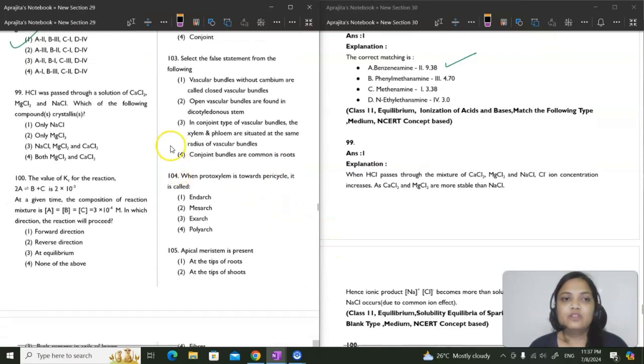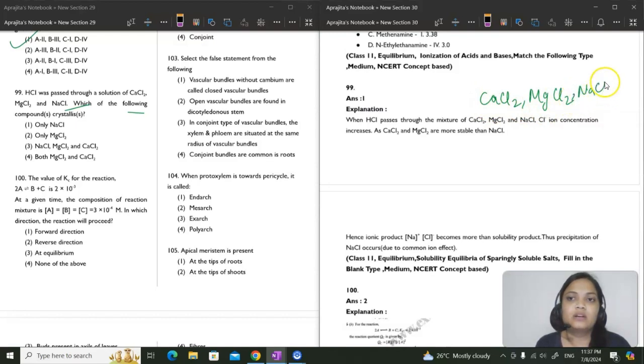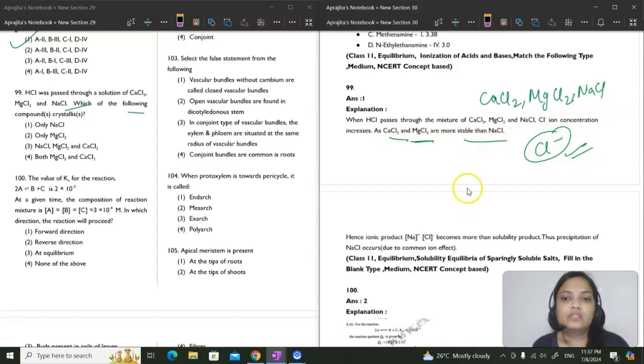Next is: HCl was passed through a solution of calcium chloride, magnesium chloride and NaCl. Which of the following compounds crystallizes? So you know students that when we pass HCl through the solution, the concentration of chloride ion increases, and calcium chloride and magnesium chloride are more soluble than sodium chloride.